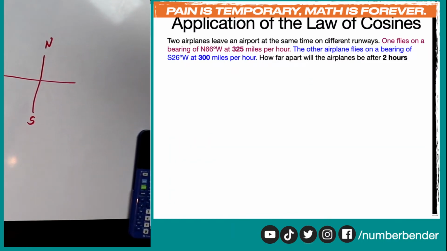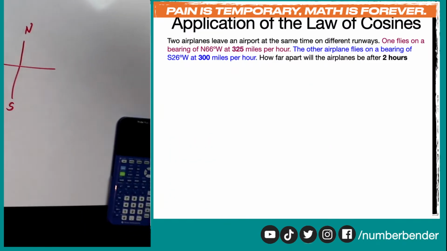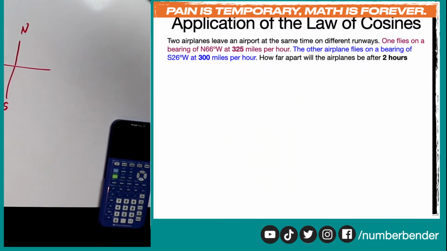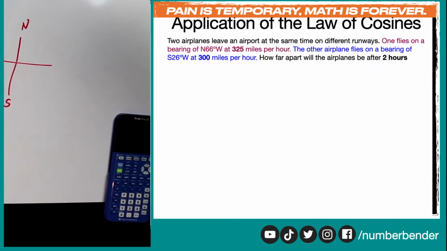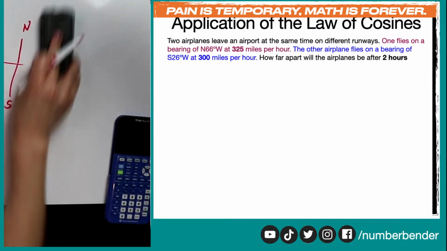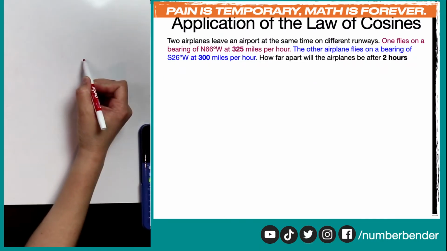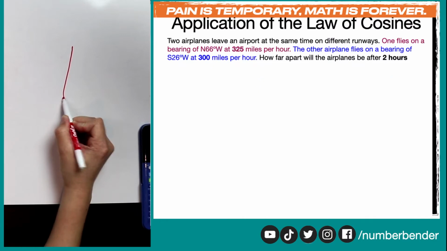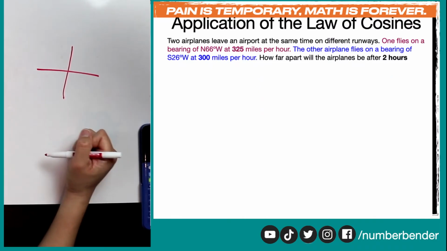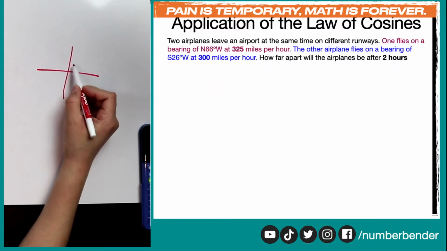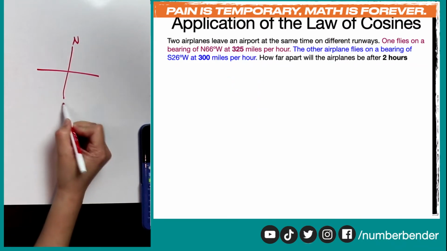Let's move this a little bit so it's straight. So let's do it again and see if we can draw the angle straighter. So this is our triangle, and we know that this is north and this is south.